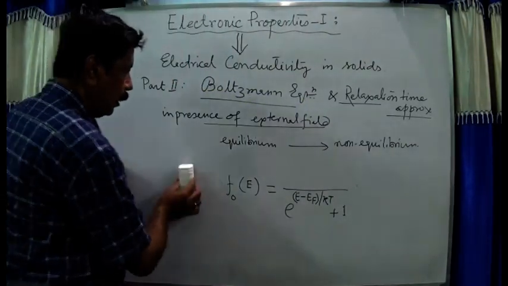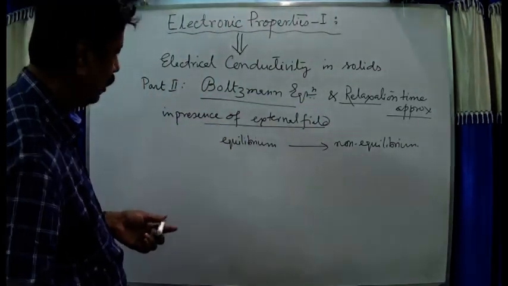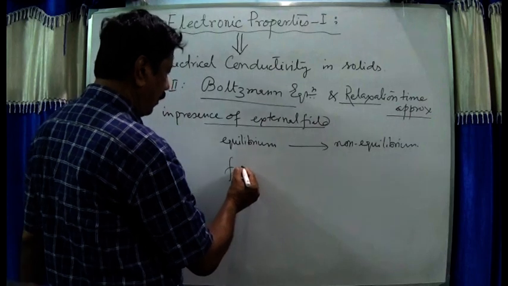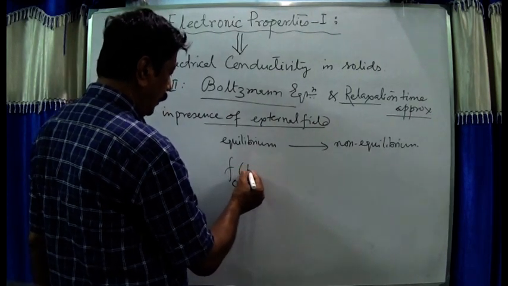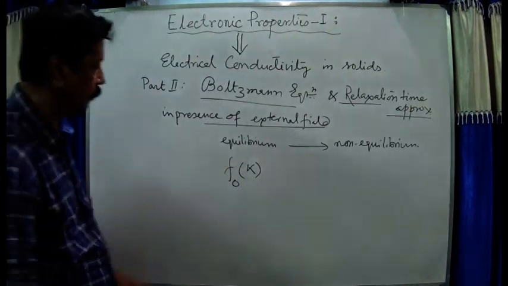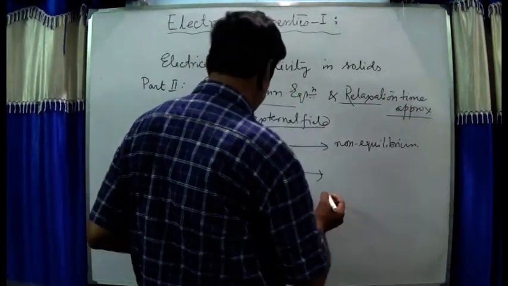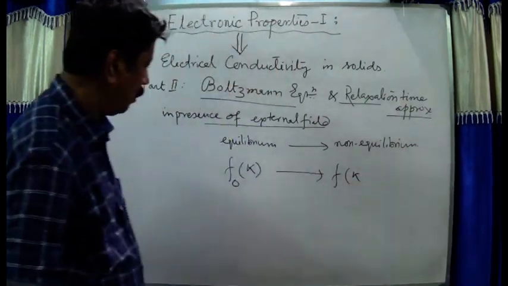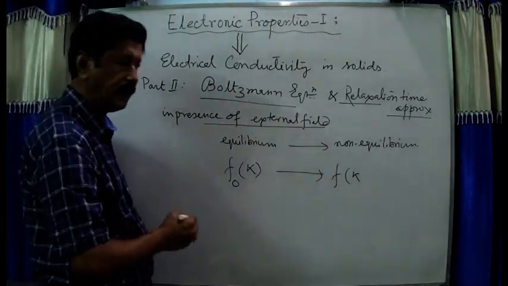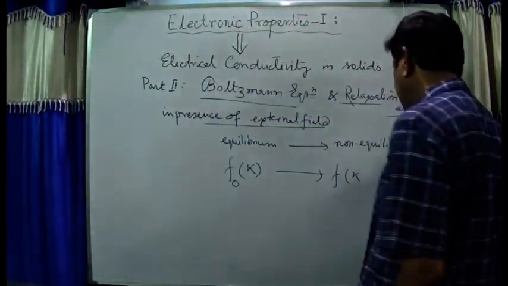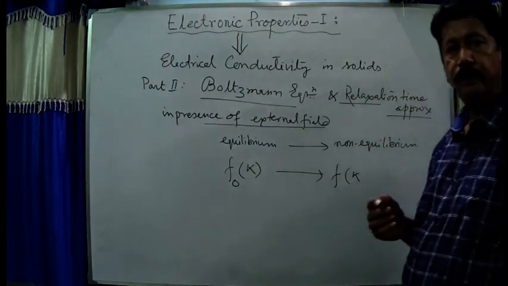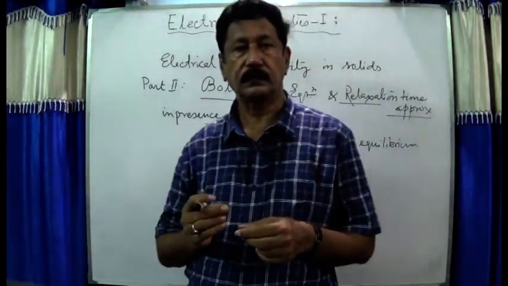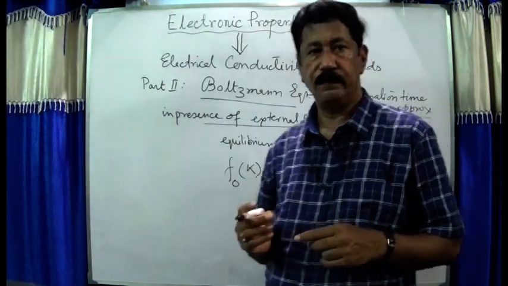So, in presence of this external field, the equilibrium distribution F0, which we can refer to by k also, goes to F_k. But here we have to keep in mind that as the situation becomes non-equilibrium, it cannot be independent of the position of the electron and the time.